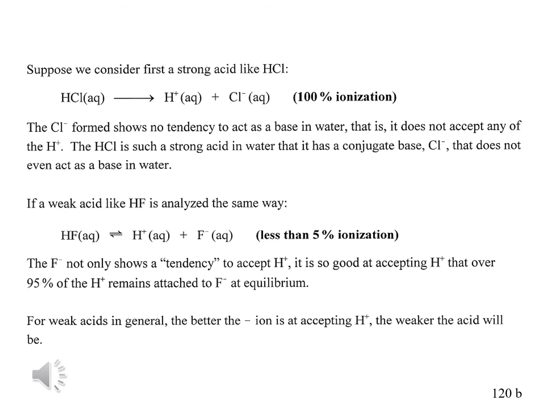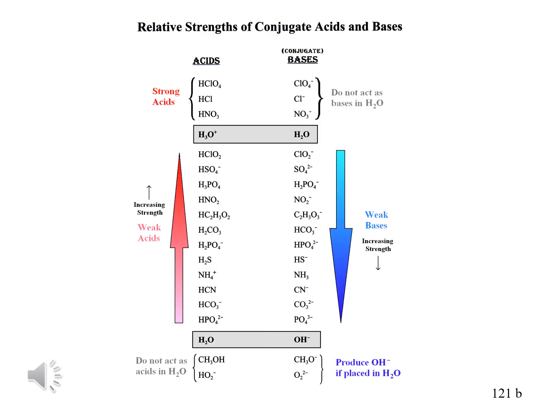So when you do this, you're seeing that as the acid gets weaker, the strength of the conjugate base is getting stronger. I made a table of these because I wanted to show you how this works with real acids. The strong acids that I wrote above this, at the top of this table, you could put all 6 of them there. Actually, I only used 3 of them as representatives.